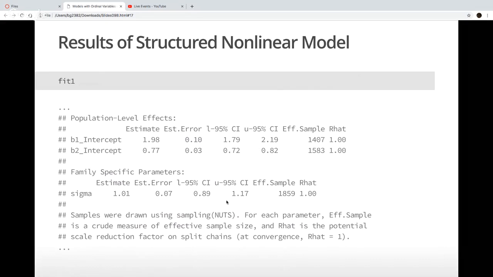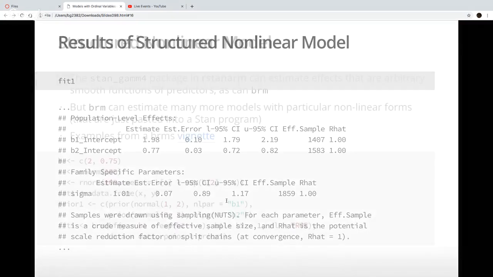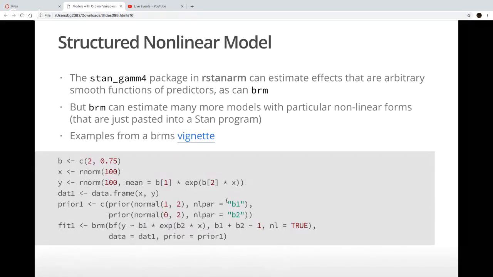You can do posterior linpred, posterior predict, and things like that. So definitely you should not feel restricted to linear models, generalized linear models when doing Bayesian regression.